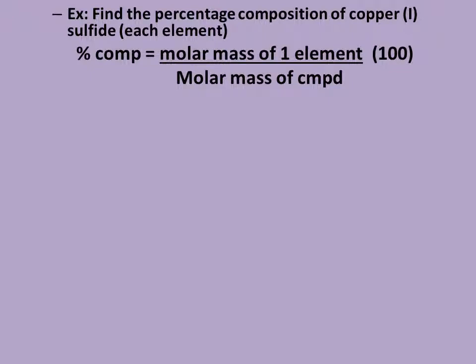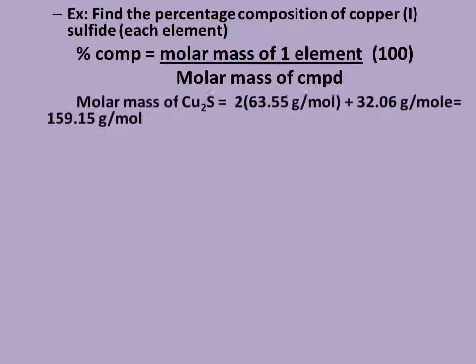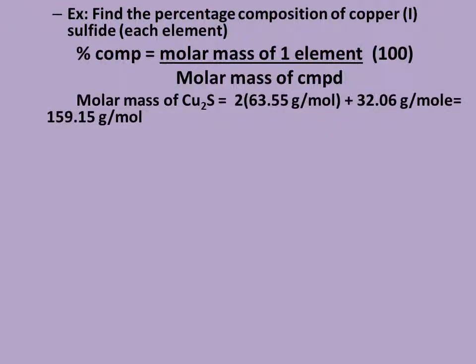So here's your equation again. Percent composition is the molar mass of 1 element divided by the total molar mass of the compound. So the molar mass of copper 2 sulfide, the whole thing, is 2 times the mass of copper, 63.55 grams per mole. There's 2 of them, that's why we took it times 2.